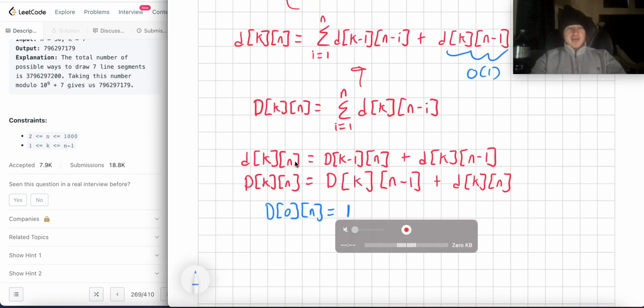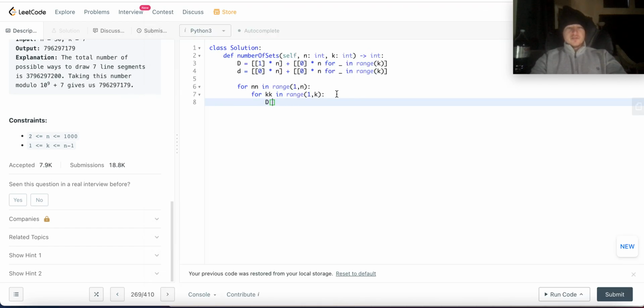So d of kn equals d of k minus 1 n plus d of k n minus 1. Okay, so little d kn equals d of k minus 1 n plus d of k n minus 1.